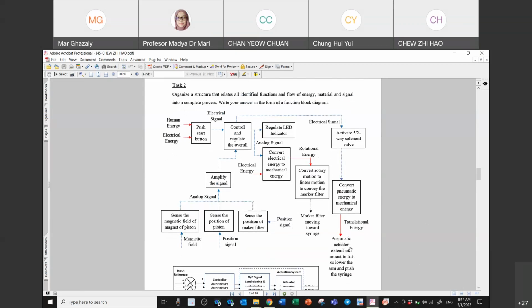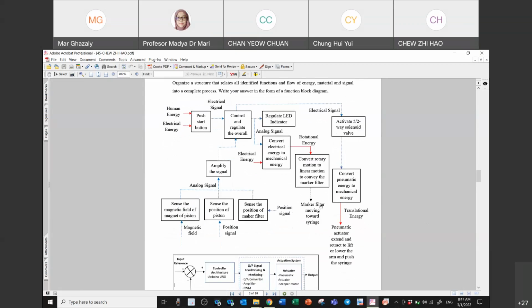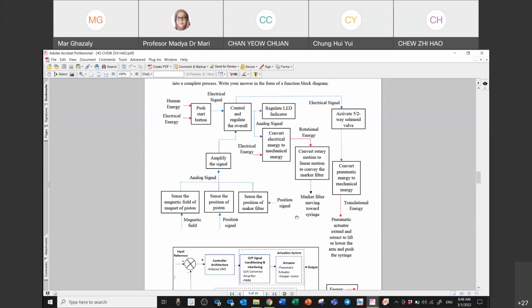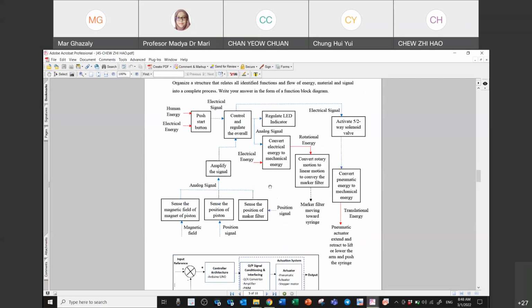I would say that there are two outputs here, which are the pneumatic actuator and the marker filler moving towards the fringe. So based on this, there's no closed loop. You need to try to make it into a closed loop, not something like this. This looks like the open loop.